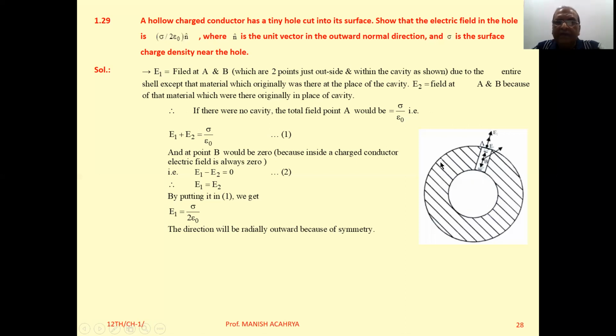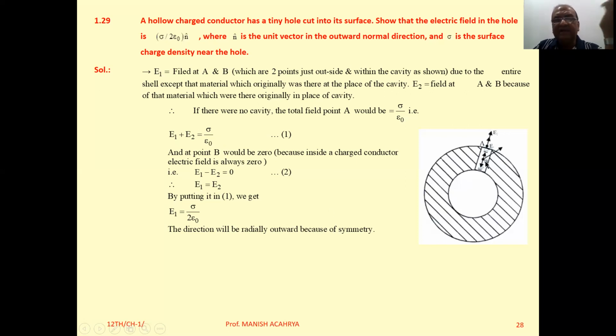Okay, now if entire conductor is without cavity, means it is perfectly solid one. So in that case the electric field at point A, that will be sigma upon epsilon 0, that we studied in theory. And if we think about the resultant electric field, that is E1 plus E2, then it will be also sigma upon epsilon 0.